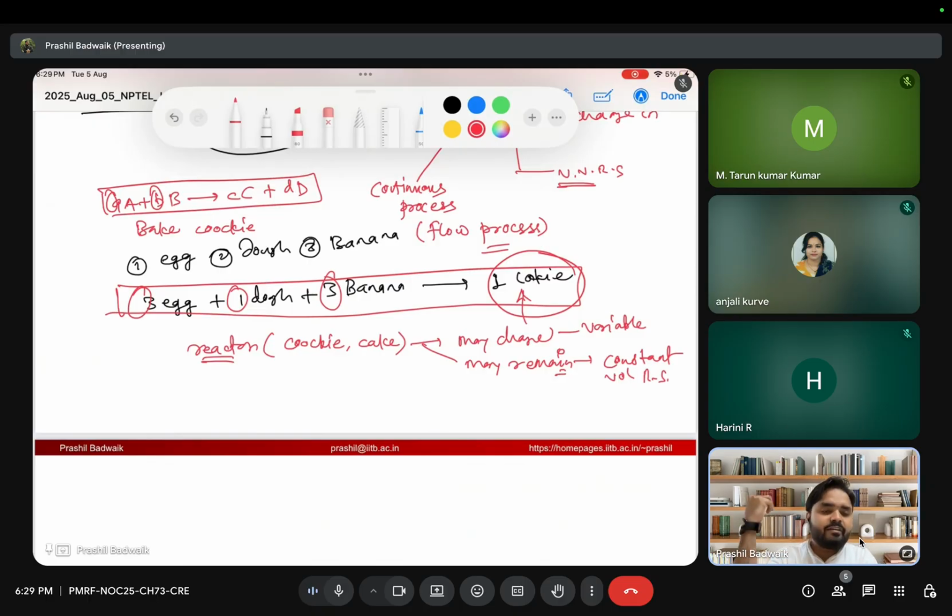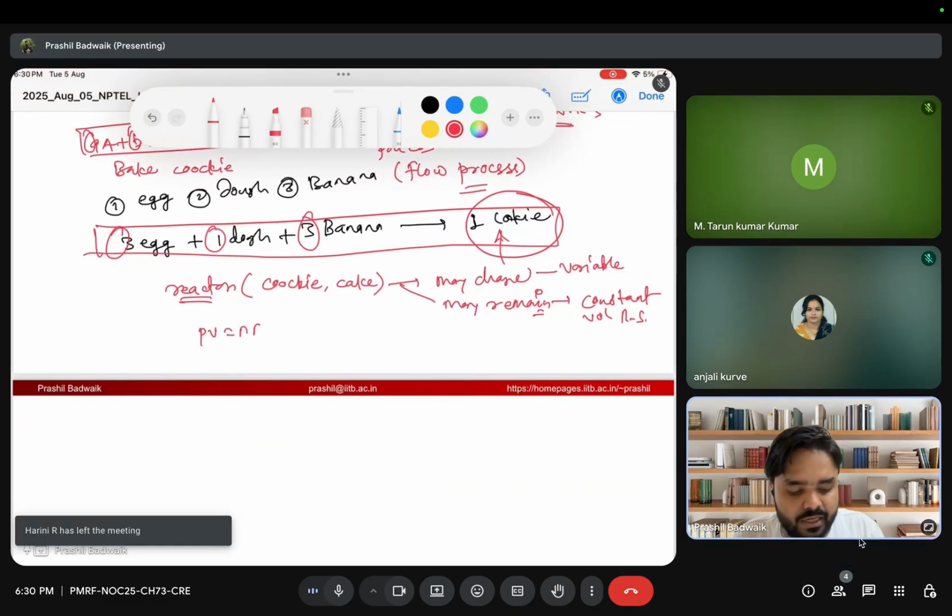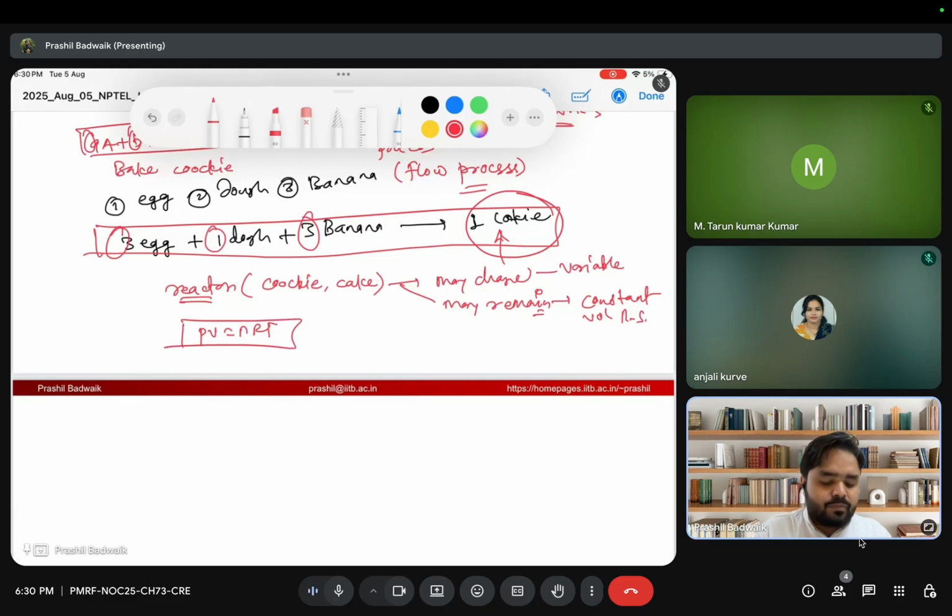And how do you identify these things? You know, from the gas equation, PV equals nRT, right? The number of moles is proportional to the pressure and volume, right?